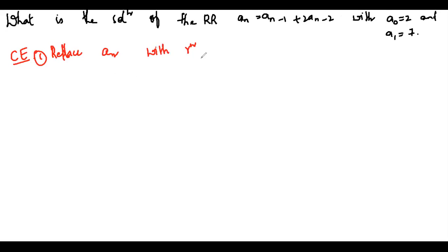Also move all the right hand side terms to the left hand side. We will get r power n minus r power n minus 1 minus 2r power n minus 2 is equal to 0. Now, what is the next step? The next step is to divide this equation by r power n minus 2.